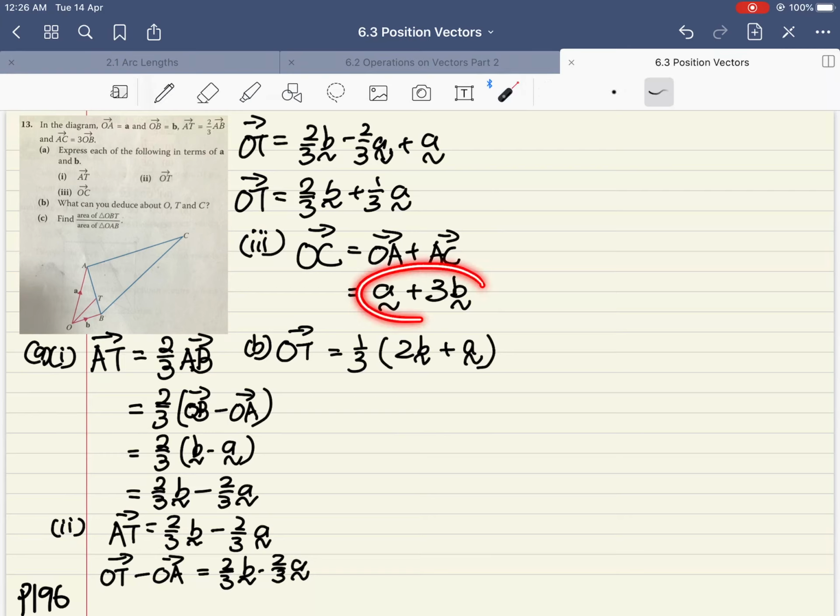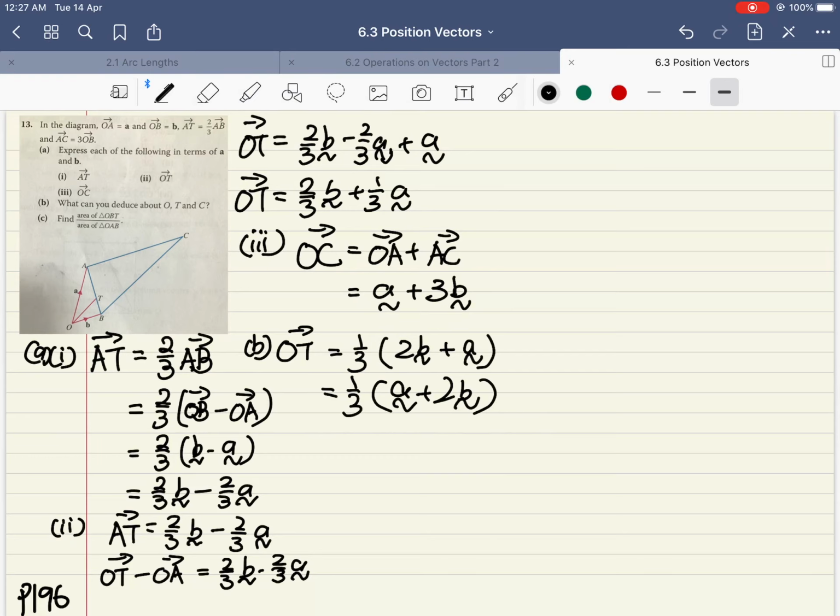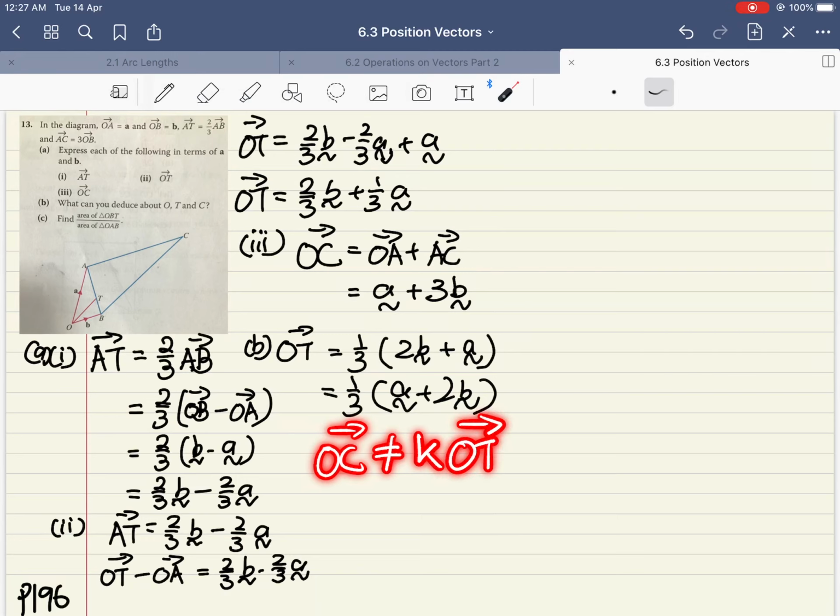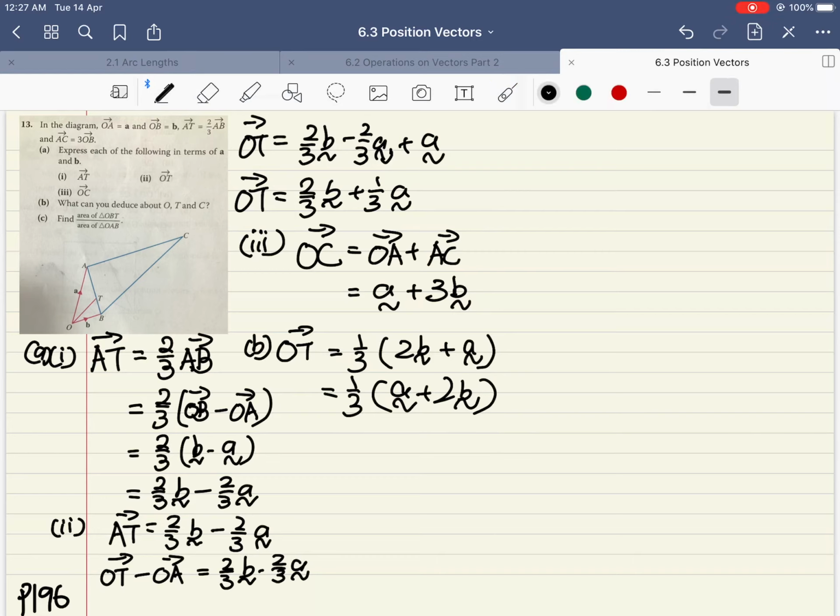Now usually we are looking out for parallel vectors, but if you notice in this case, OC is A plus 3B, OT is 2B plus A. Let me rearrange to show you that they are actually different. For OC, I have A plus 3B. For OT, I get A plus 2B. So OC is not k times OT.